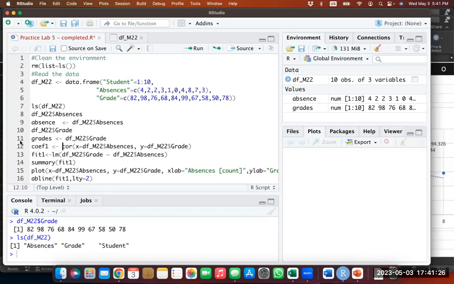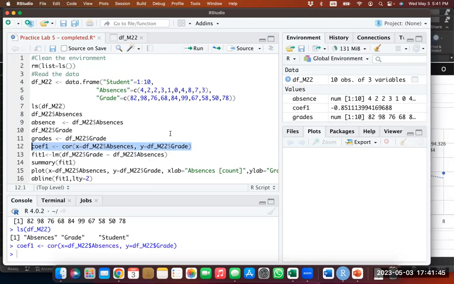What's different now is that you can take this cor function, the entire complex of everything that is associated with cor, and pack it into CoF1. That's what we're doing on line 12.